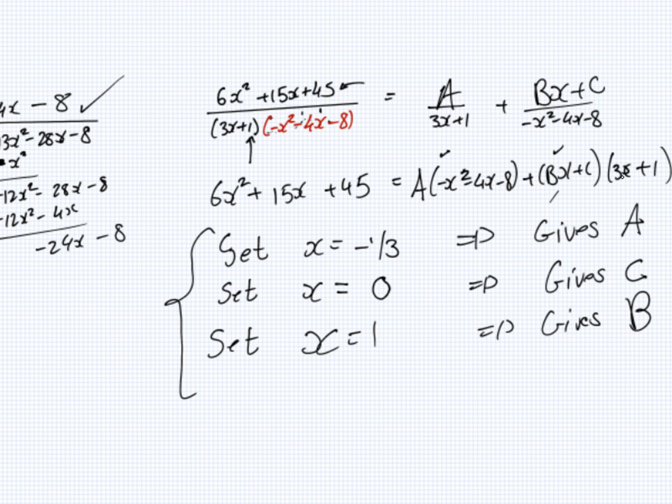This is 0. Why is that 0? Because of this. Just look at this. If that becomes 0, then 1 over 3, not B. A equals 1, yeah or no? It's not minus 13.